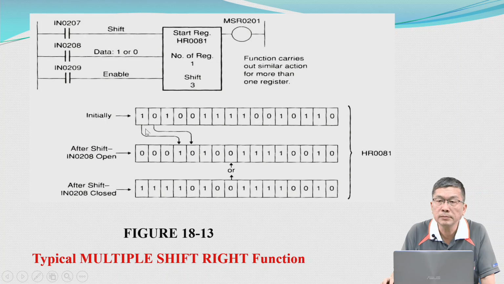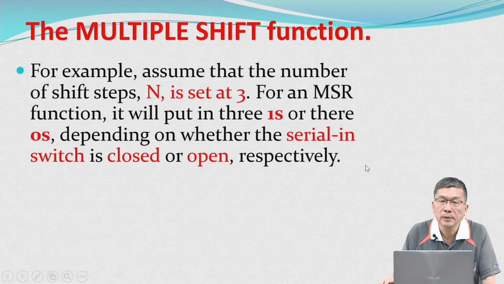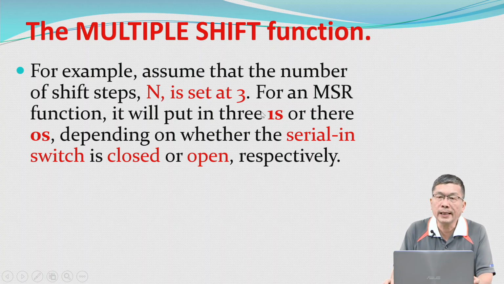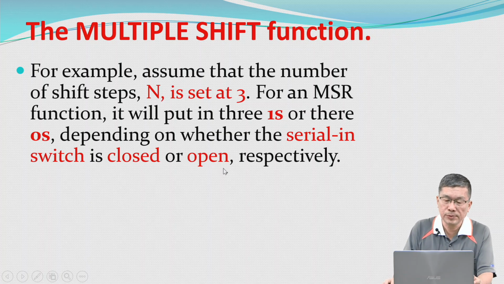The program, and this is the pattern of holding register 81. For example, assume that the number of shift steps n is set at 3. For an MSR function, it will put in 3 ones or 3 zeros, depending on whether the serial in switch is closed or open, respectively.